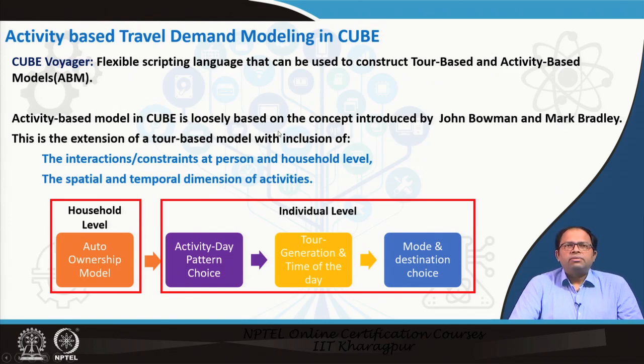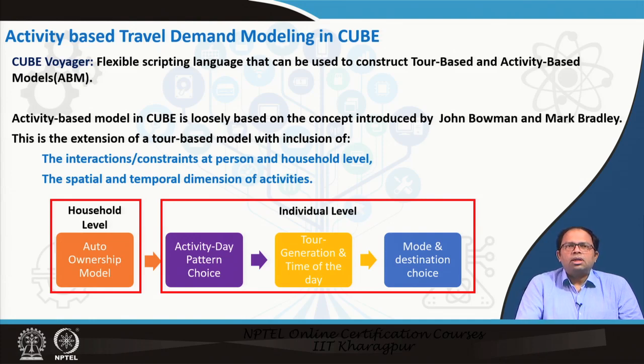In Cube Voyager, we have already seen how a 4-stage model could be run, and as you know, Cube uses a flexible scripting language. So, it could be used to construct or modify those basic 4-stage models to include a tour-based model, or we can also make it into an activity-based model.